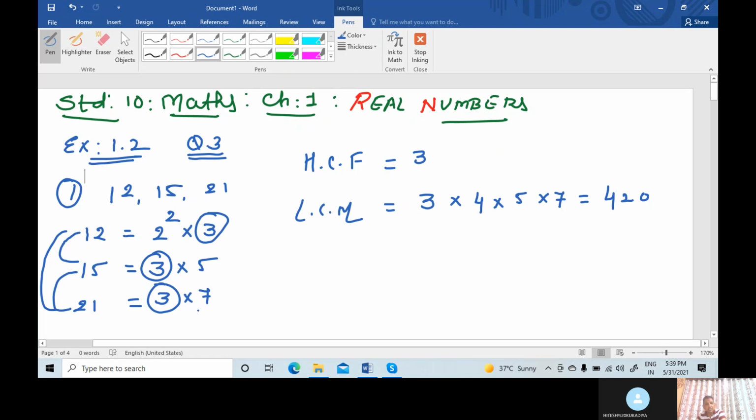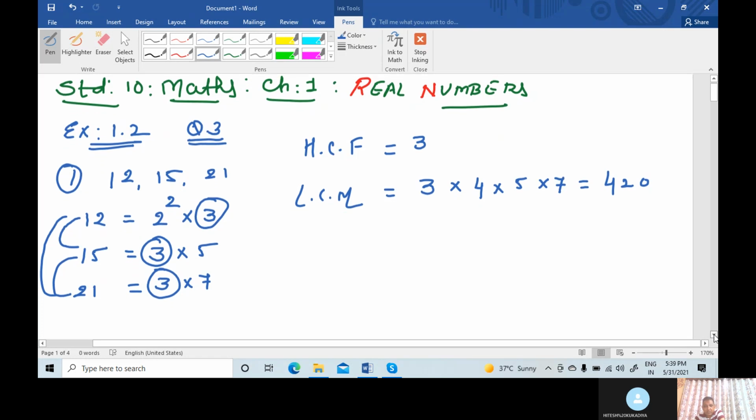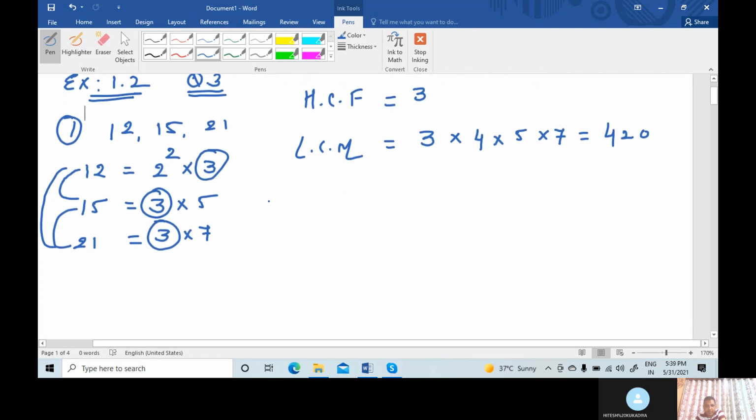Now look at your textbook, first chapter, last page. When you complete the first chapter in your textbook, a description and summary are given. Look at the summary: in the summary, a total of 2 formulas are given. The first formula is for LCM.